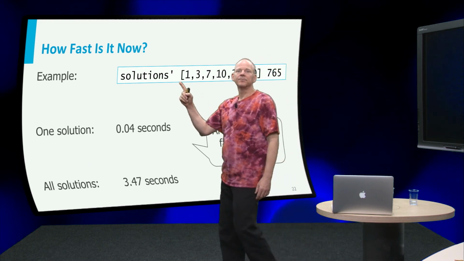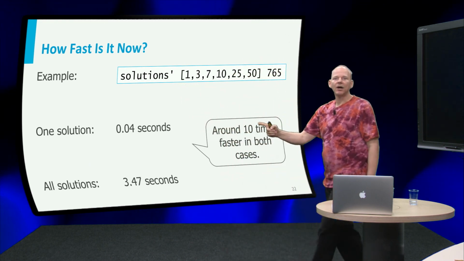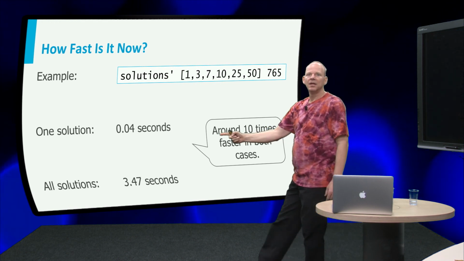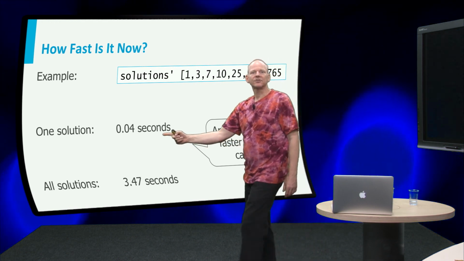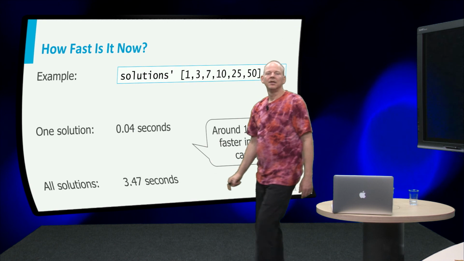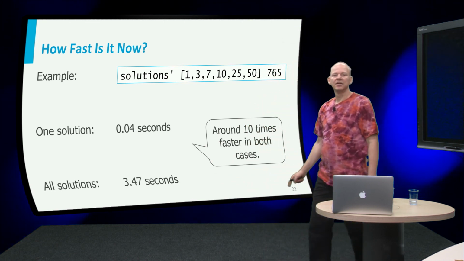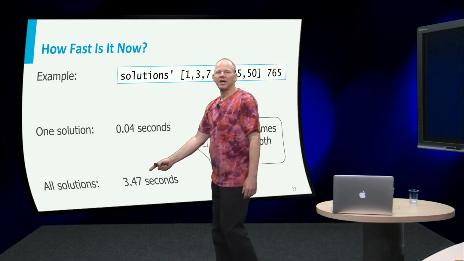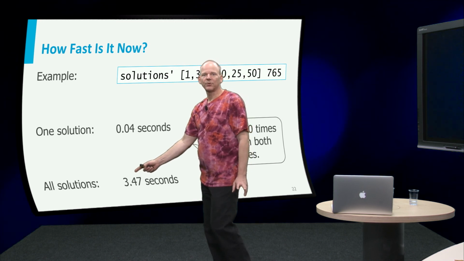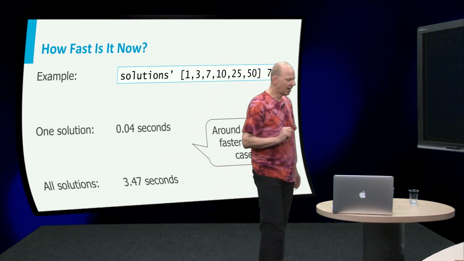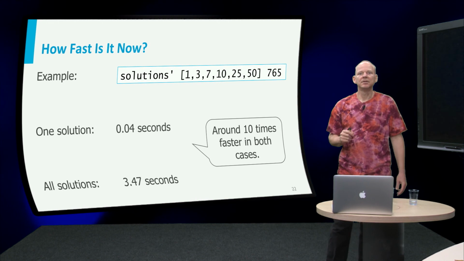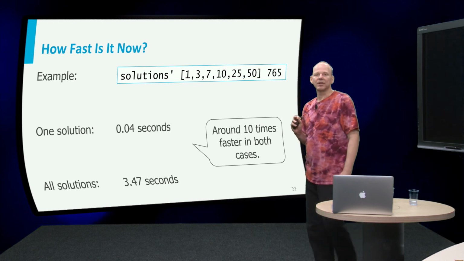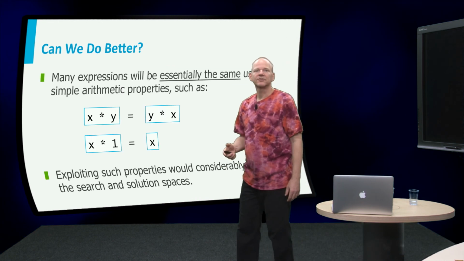If we run this now, it's about 10 times faster. So it's now in 400ths of a second. And also this one, which used to be 43 seconds, is now down to 3.5 seconds. This is fabulous. This is really fabulous.